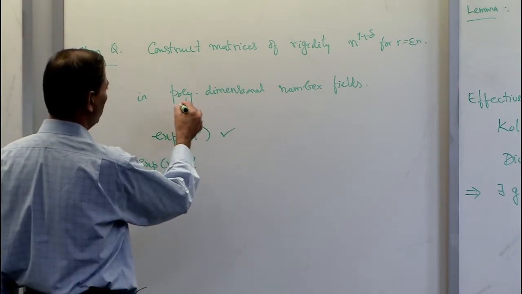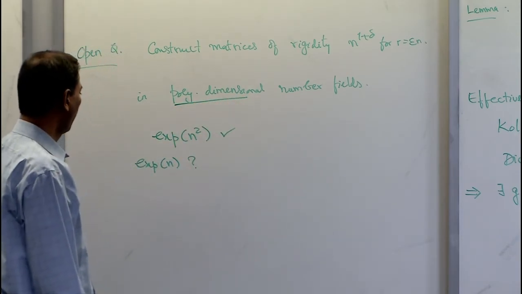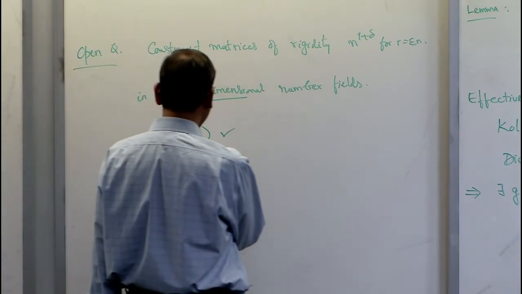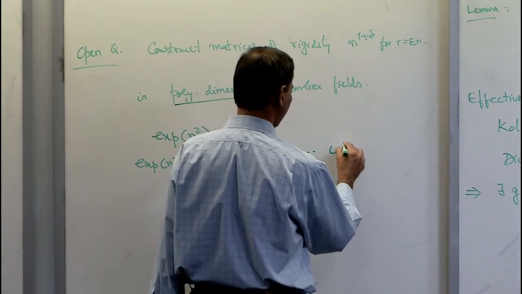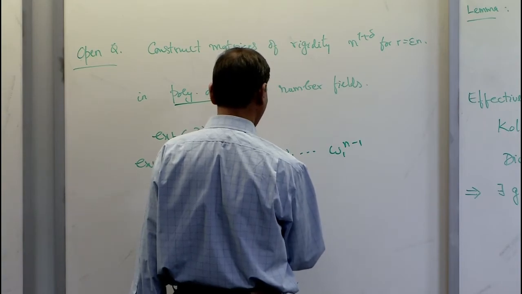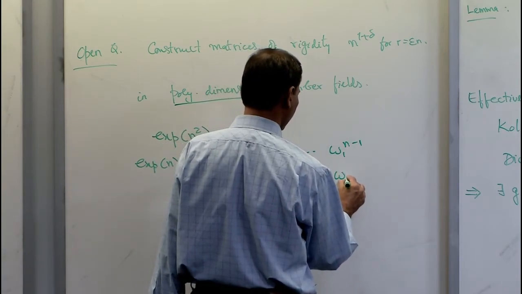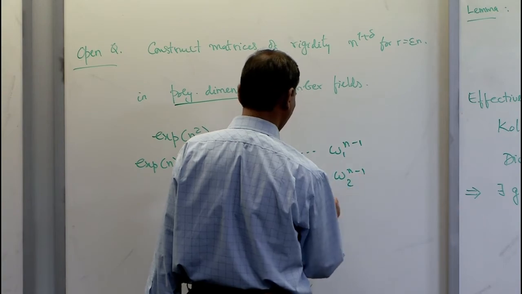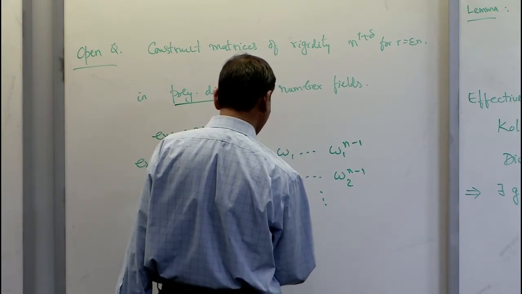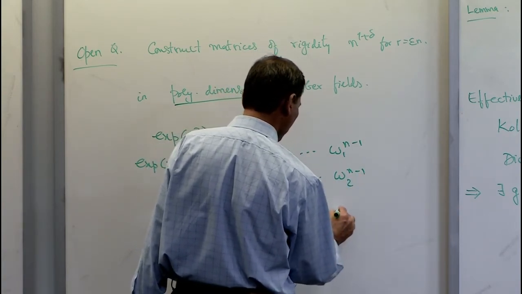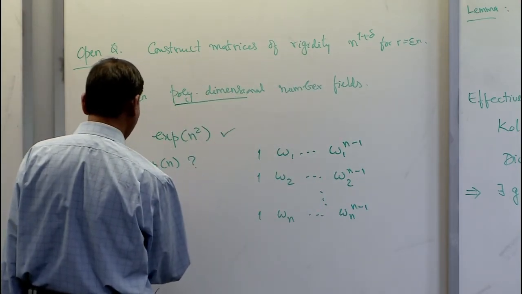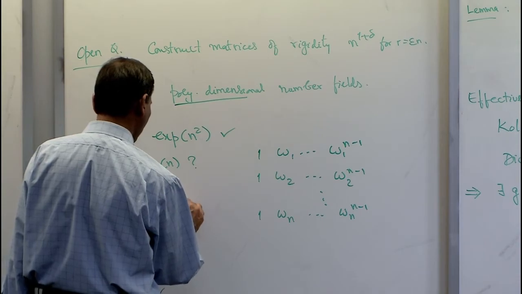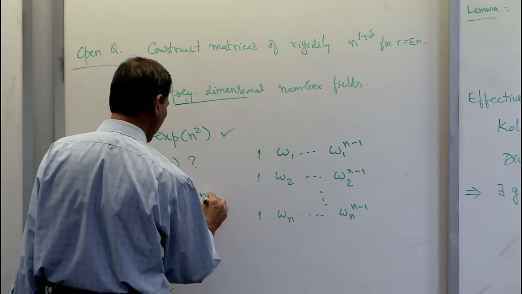So that's the reason why I think this would be interesting. As a candidate for this, one of the matrices that I would like to think of is, again, a Vandermonde matrix, but not very generic, not very explicit either, where these omega_i's are the p_i-th primitive roots of unity.